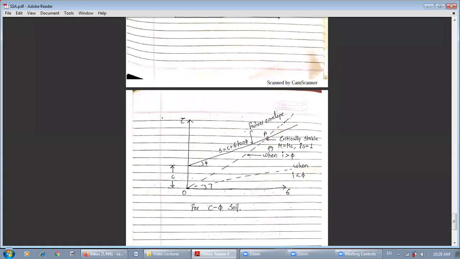Do you understand this? In the first case, cohesionless soil, when i is greater than phi, we initially considered the slope unstable. But right now, when i is greater than phi, the slope will be stable in the initial position when it is moving from O to P. So line OP will be stable, but as it reaches this particular failure envelope, the slope will be critically stable, where height is equal to Hc, the critical height, and factor of safety equals 1.